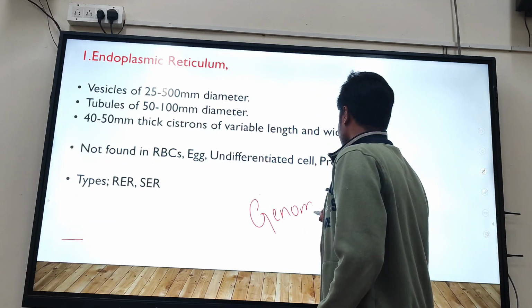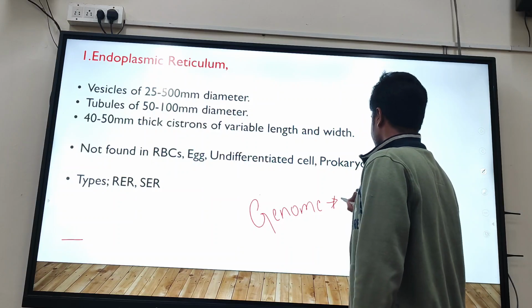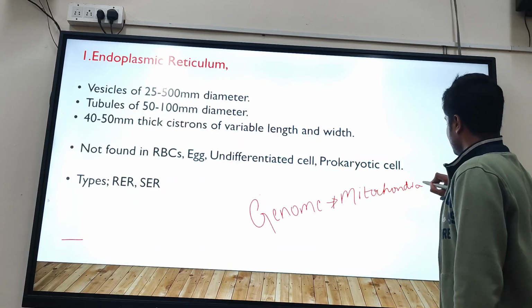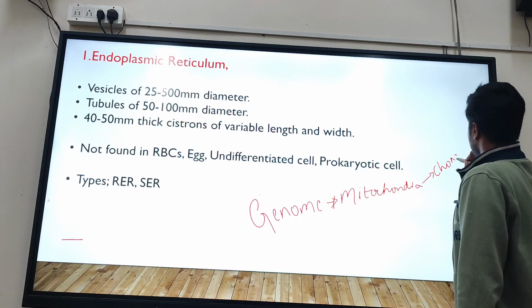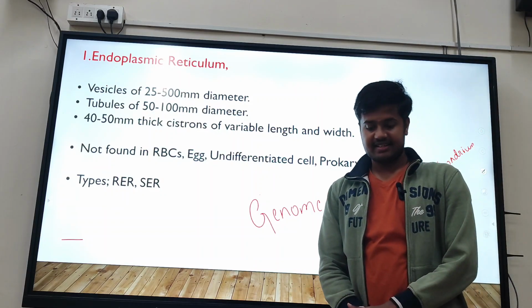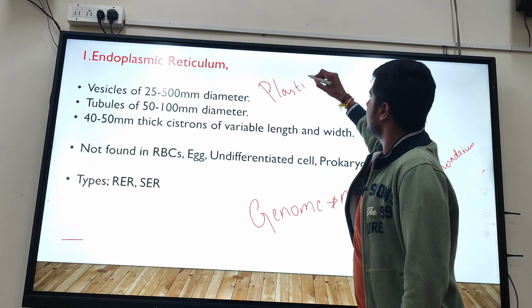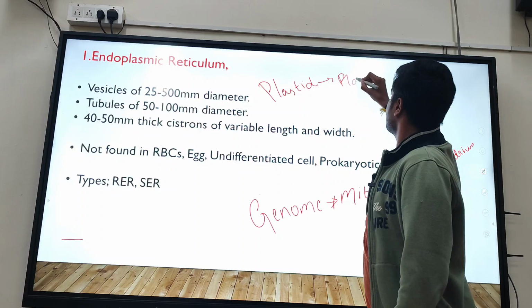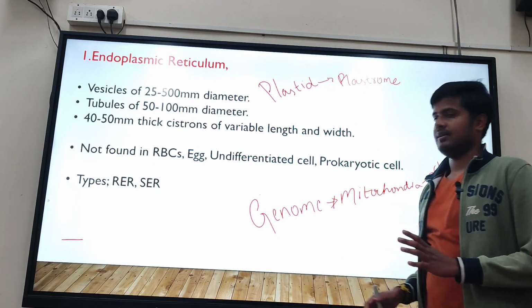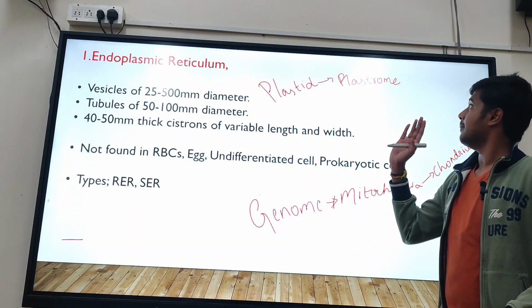I didn't include it in the PPT. The genome of mitochondria is chondriome, and the genome of plastid is plastrome.